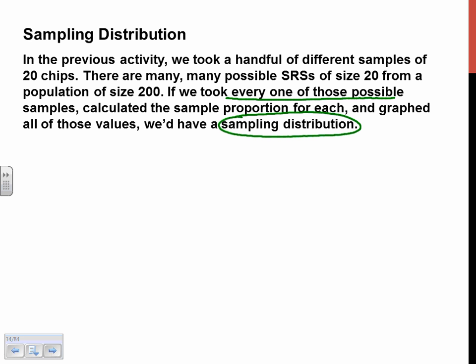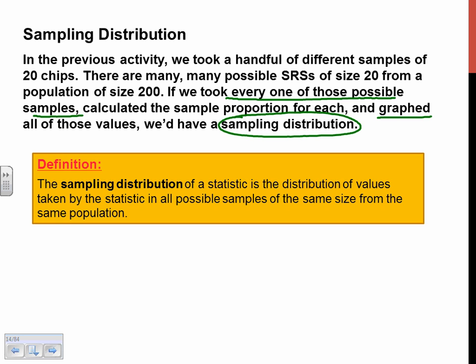Every possible sample and graphed. That's a sampling distribution. So here you can say a sampling distribution of a statistic is the distribution of values taken by the statistic in all possible samples. And it has to be the same size. So that's important too. They have to be that same size, all possible samples.